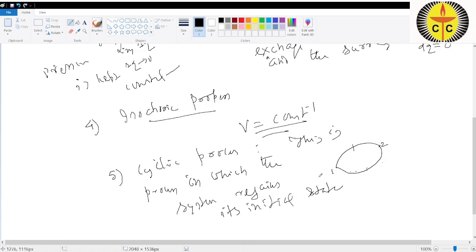Another thing is the reversible process.